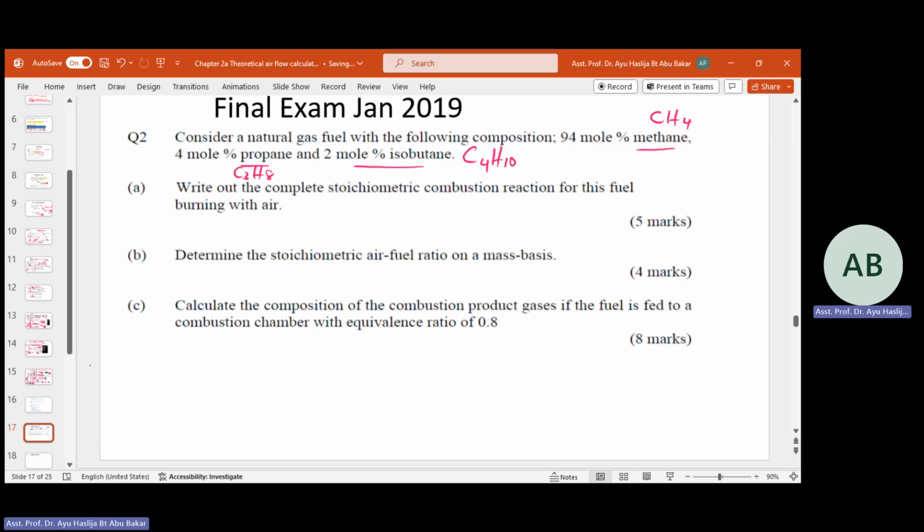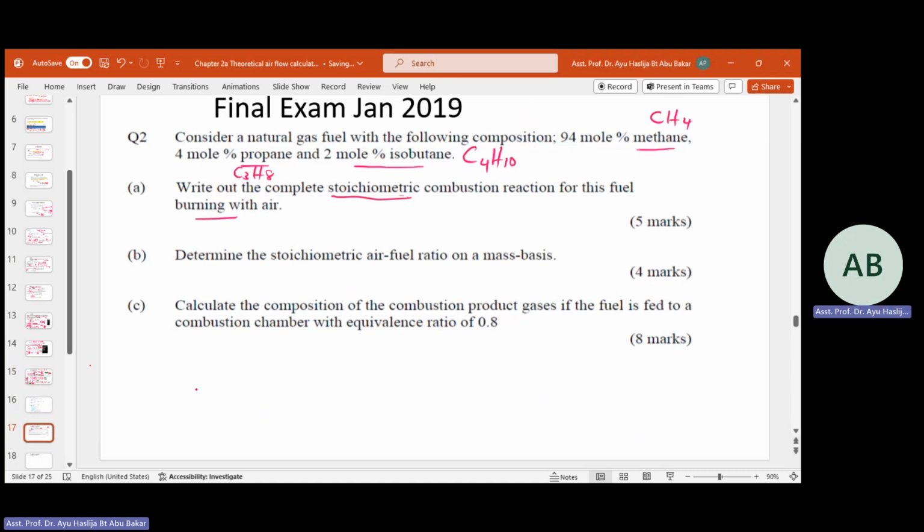Okay, saya akan bagi chemical formula lah kalau dalam midterm ke final. Sebab you tak familiar. Kalau student chemical, I tak bagi. They should know already. Okay, so the question asks you to write up the complete stoichiometry for this fuel burning with air.